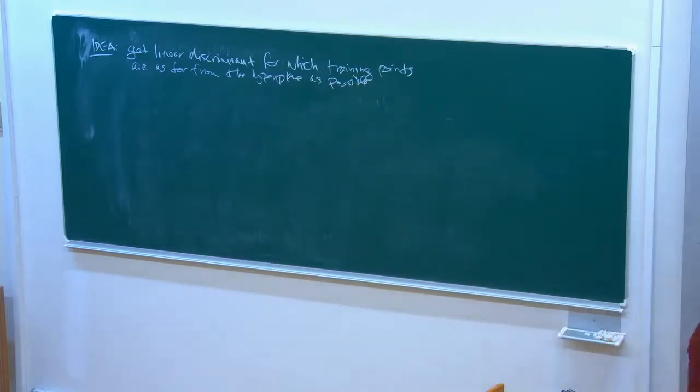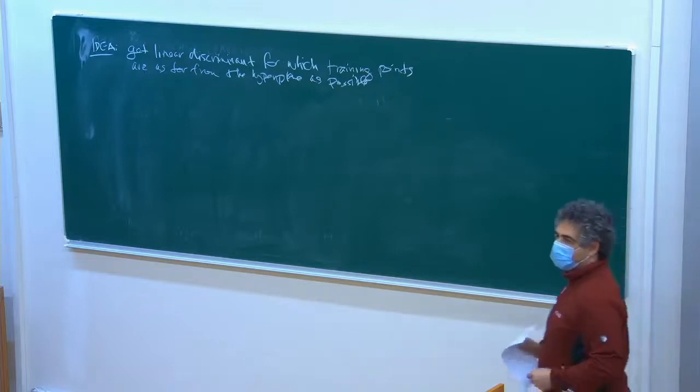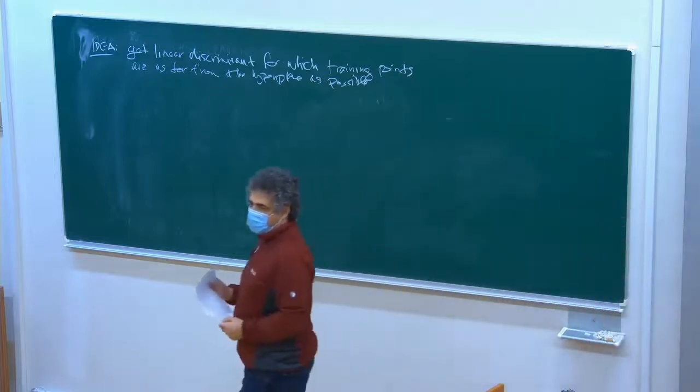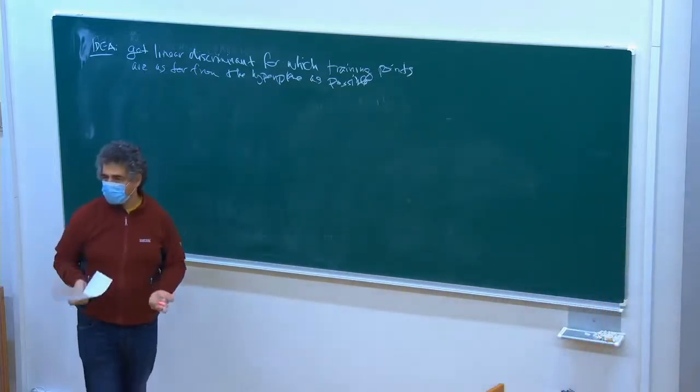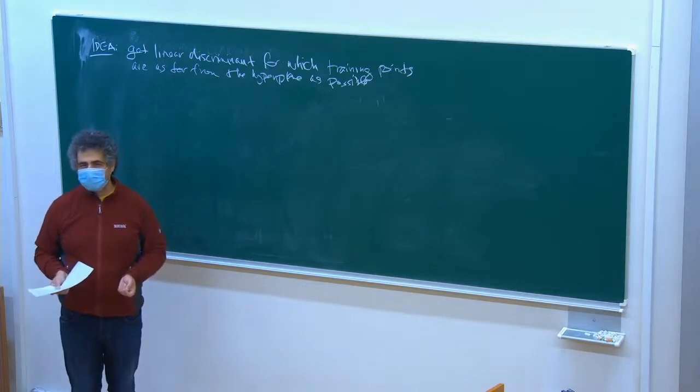The first thing we need to solve is that we need to be able to compute the distance of a point from a line, from a hyperplane. Who knows how this is done?